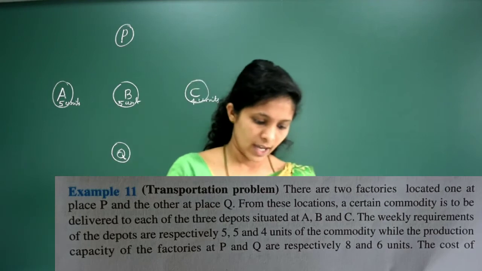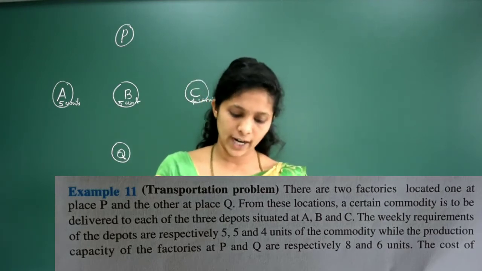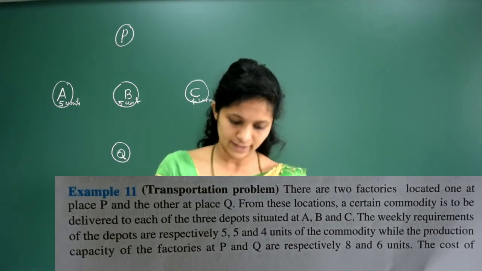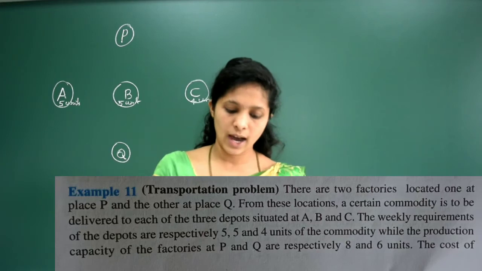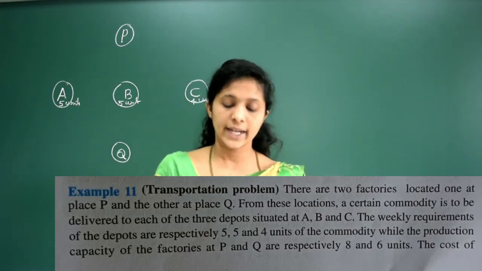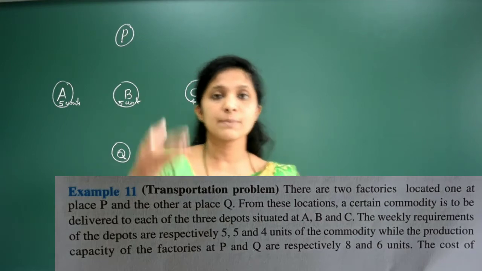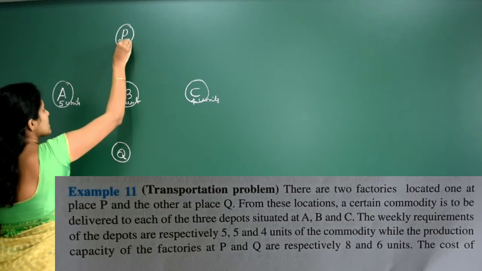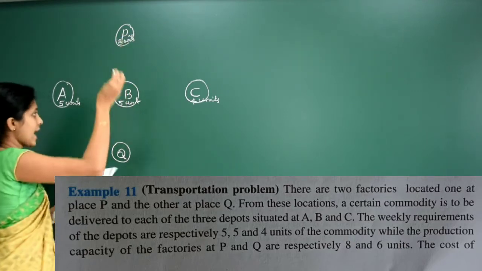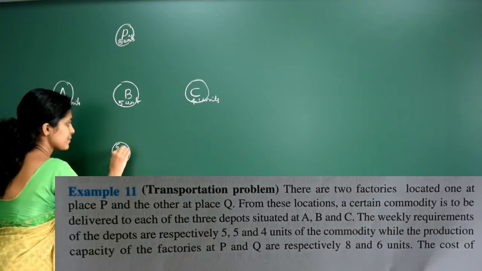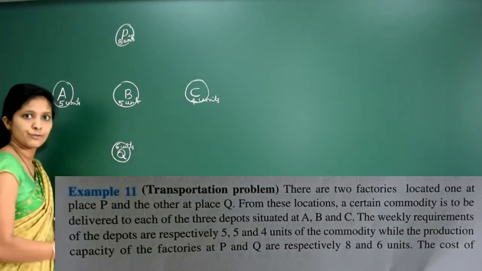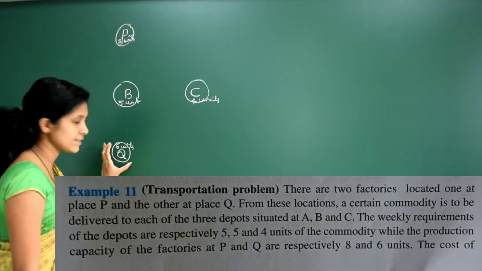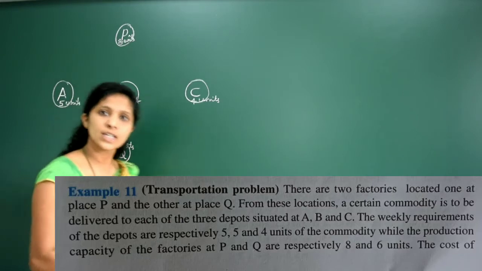Next, the production capacities of the factories at P and Q are respectively 8 and 6 units. I mean, the factory P can produce a maximum of 8 units and Q can produce a maximum of 6 units. Is it clear?